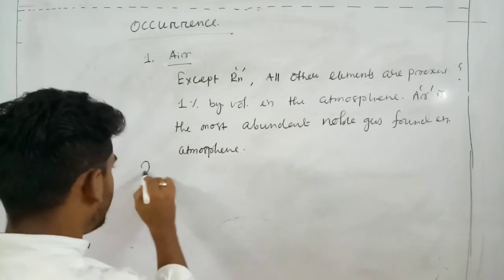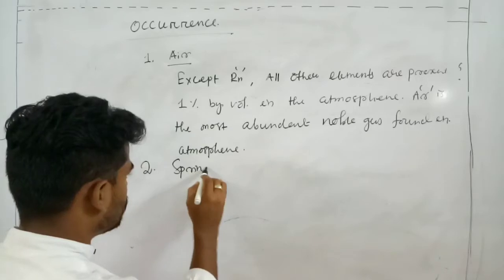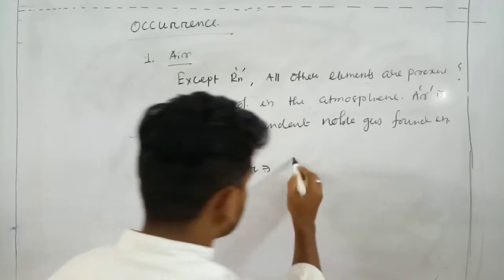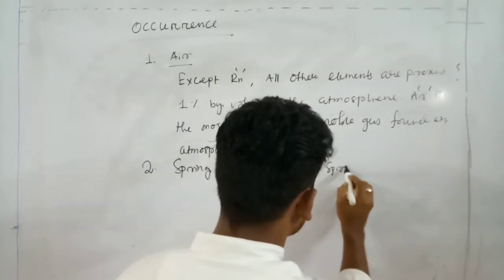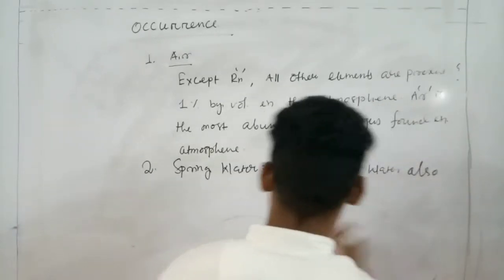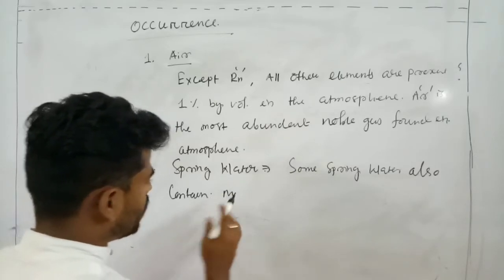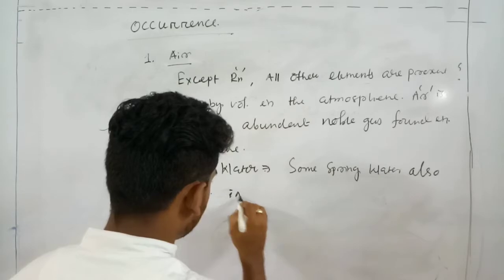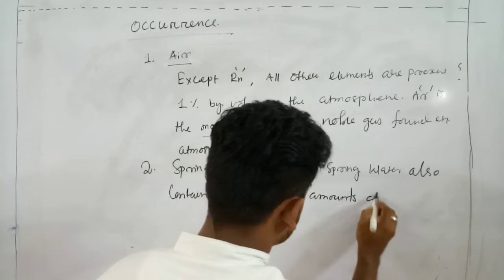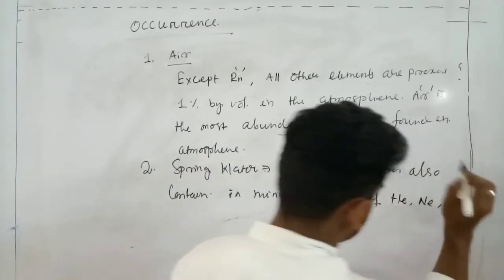Second occurrence is from spring water. Some spring water also contains very small, minute amounts of helium, neon, argon.